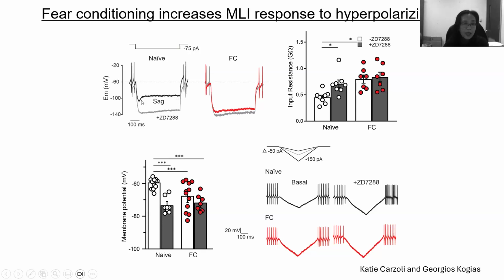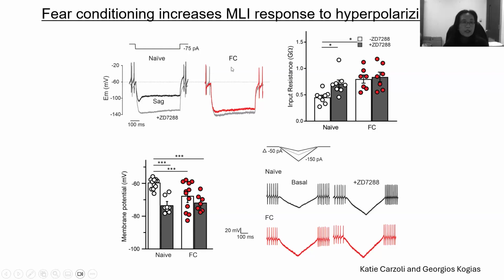So if this sag is really caused by IH current, then the inhibition of IH current should abolish this. Indeed, when we apply ZD, which is an IH current inhibitor, the hyperpolarization becomes bigger and we no longer see the sag.